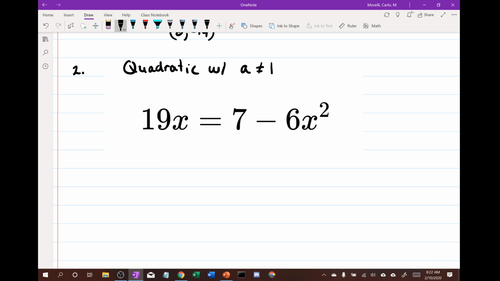So we can't use the simple technique that we just did. We have to do something called factor by grouping.